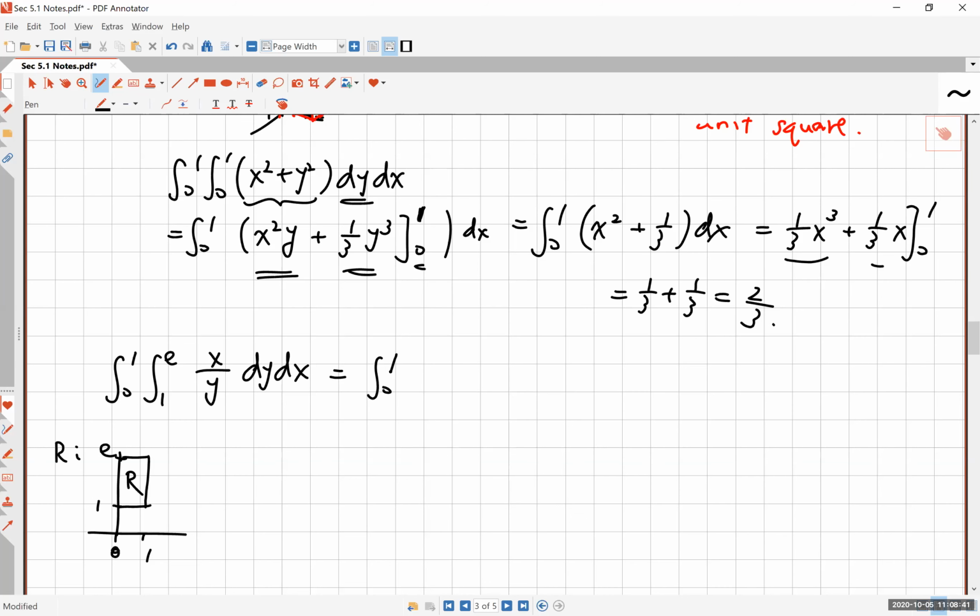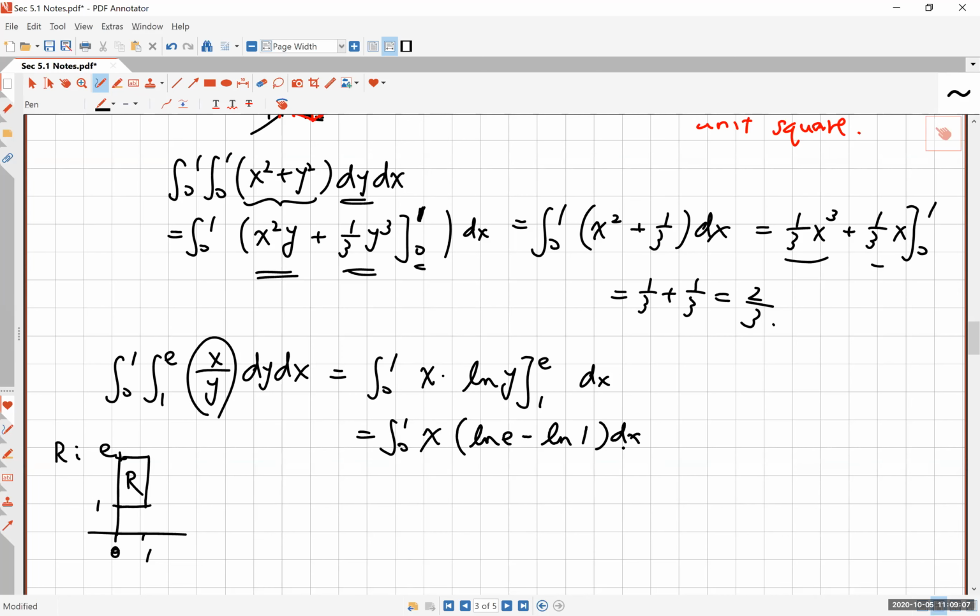Or is it, right? So what happens when you integrate this with respect to y? Remember, x is constant. And so you're basically integrating 1 over y with respect to y, and that becomes log, natural log of y. Plug in 1 and e for y, right? And so x stays the same, and this becomes log of e minus log of 1.